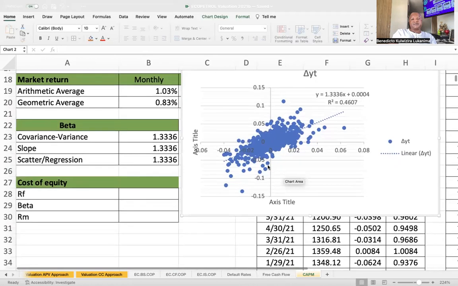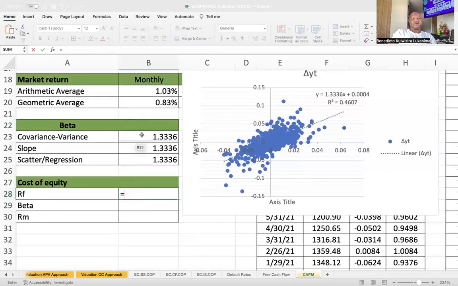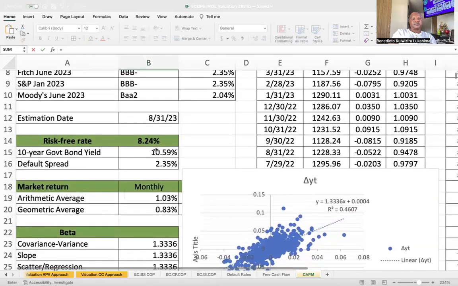What is next? Next is to calculate the cost of equity. But which variables do we need? We need the risk-free rate. We already have the risk-free rate, so I'll say just equal the risk-free rate.